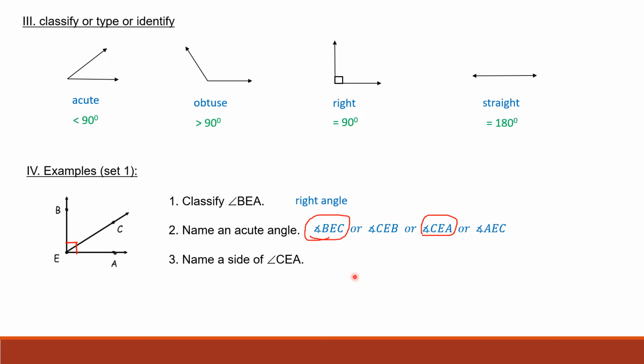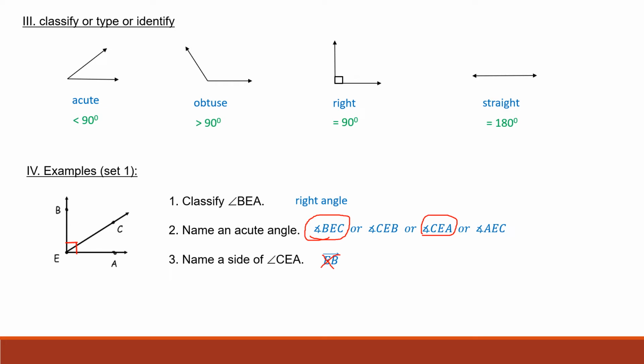So then number 3 says name a side of angle CEA. Remember, the sides are the rays. So angle CEA is this lower one, and the rays are starting at the vertex. So no matter which one you pick, you start with E. So ray, well, that is wrong. Sorry about that. Let's fix that. Okay.